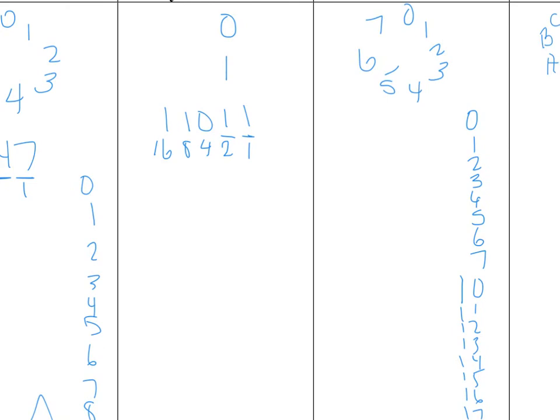Now binary gets really wide really fast. By wide I mean it takes up a whole lot of space this way. That's why I start everything on the side here, because it grows bigger. So with binary, you go 0, 1, and then 10, and then 11.